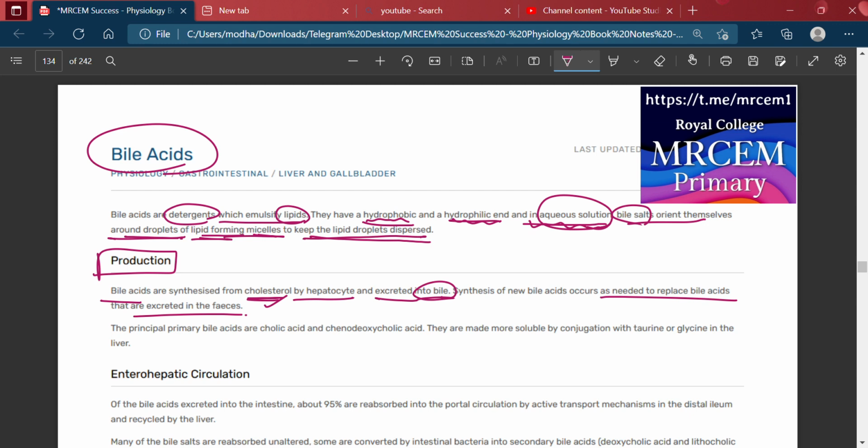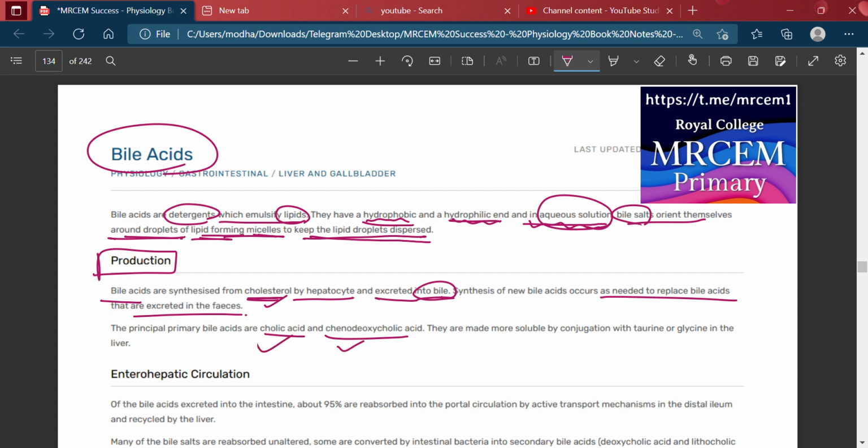The principal primary bile acids are cholic acid and chenodeoxycholic acid.